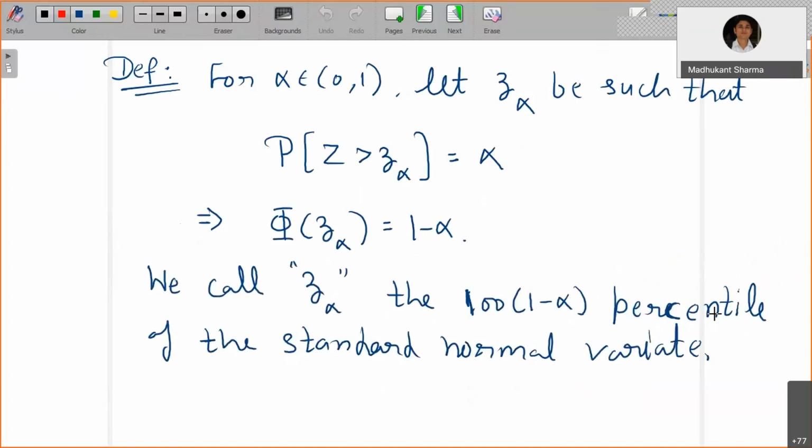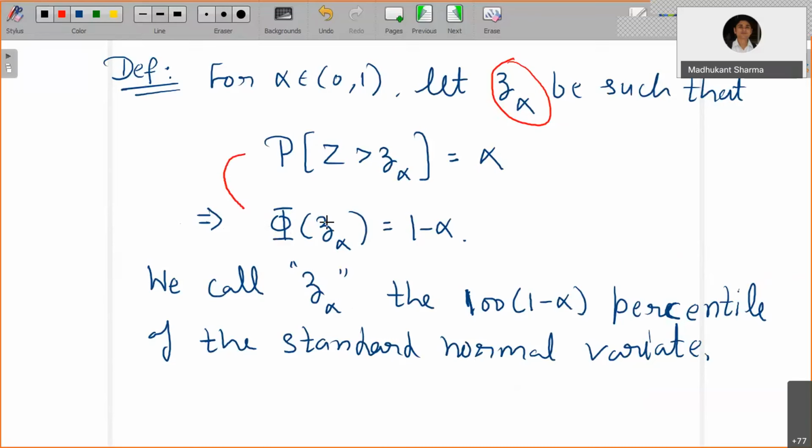For alpha lying in the open interval 0 to 1, you are trying to find a real number z alpha such that the probability of Z greater than z alpha is alpha. So what it means is that the probability is 1 minus phi of z alpha. So phi of z alpha is 1 minus alpha.